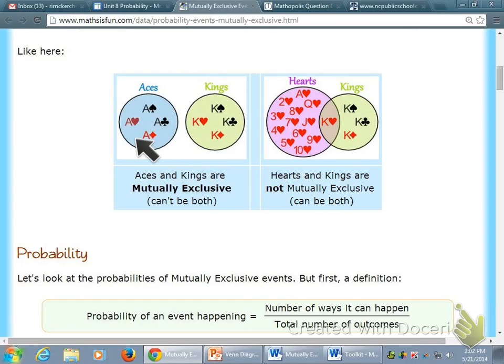How many aces or kings are there in the deck? There are 4 aces and 4 kings, so 8 aces or kings. That's mutually exclusive. Pretty straightforward. Just add them up.